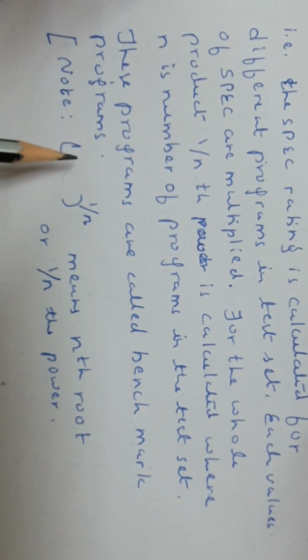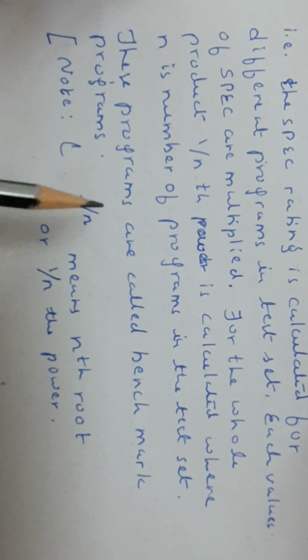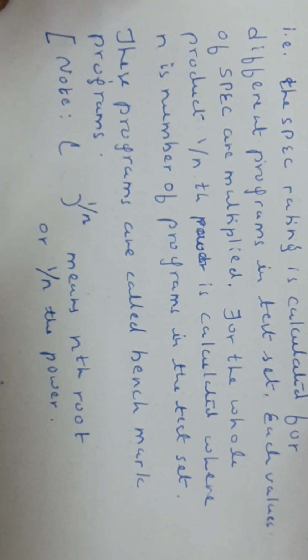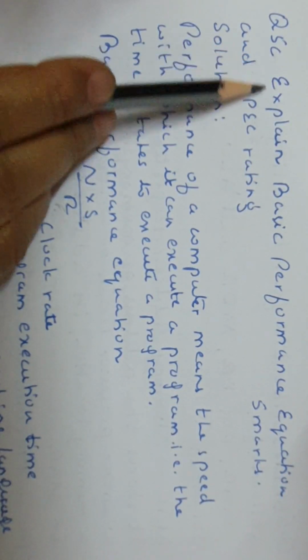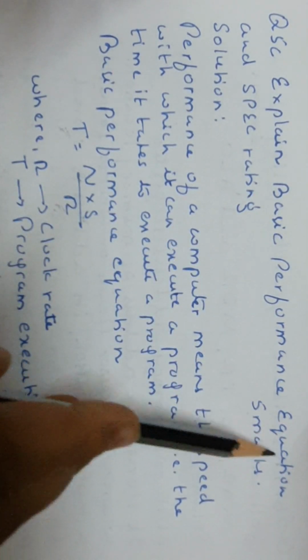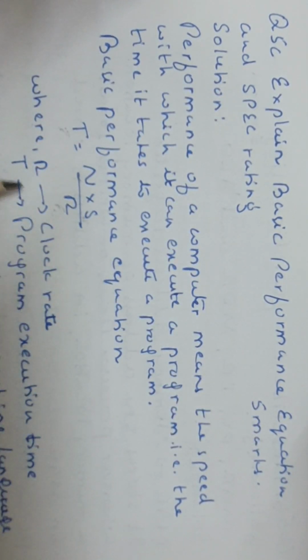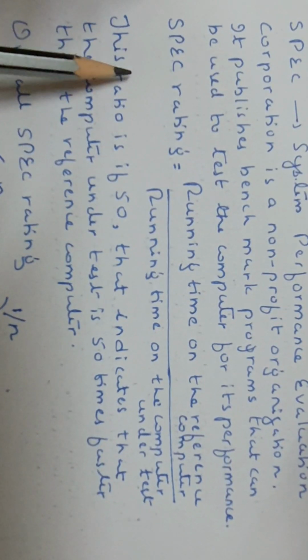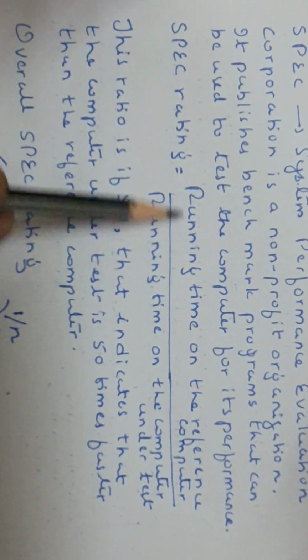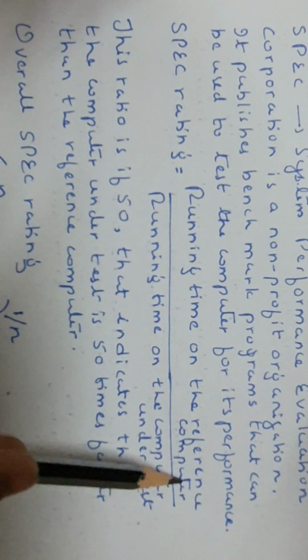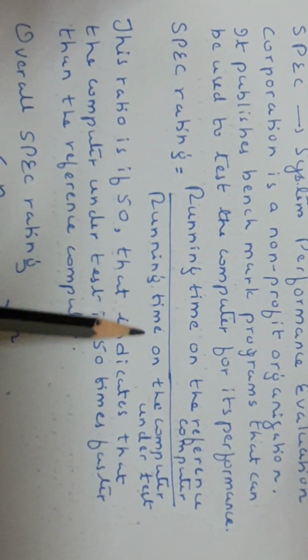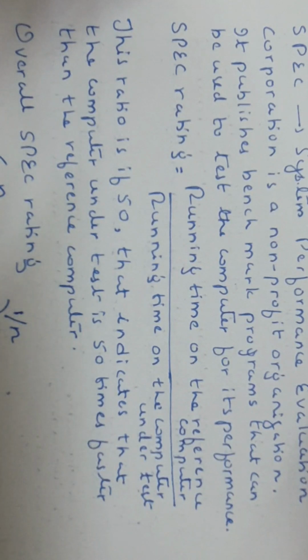That is the second term given in the question, that is question number 5C. So what was question number 5C? Explain basic performance equation and SPEC rating. For the performance equation we had taken T equal to N S upon R. What is the SPEC rating we have taken? That is the ratio of running time on the reference computer divided by running time on the computer under test.